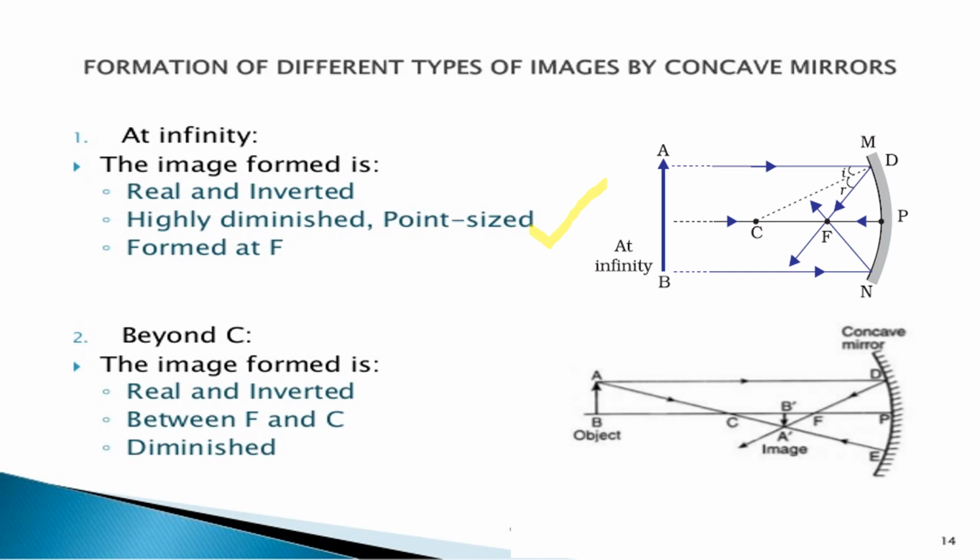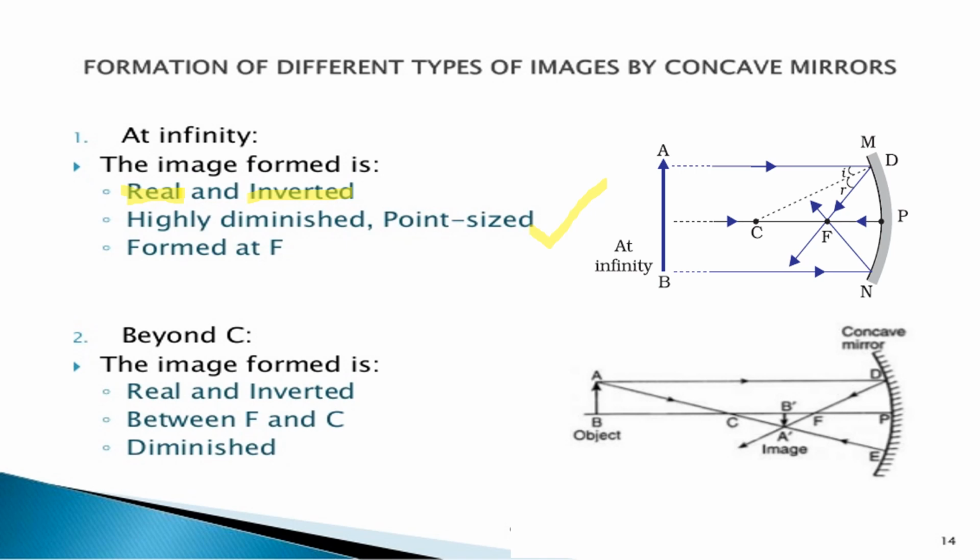Actual intersection means we are going to say this image is nothing but real image. Real image is formed. And inverted image. Actually, we are unable to see whether it is erect or inverted, but better to write inverted. If you are able to see the erect image, we'll write that as erect. So real and inverted image, it's highly diminished, point sized image and it is formed at focal point.